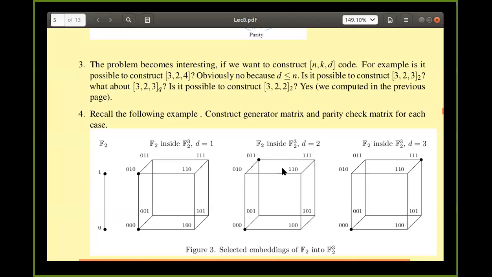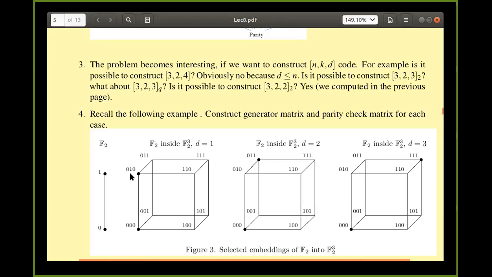Okay, so now I also recall that this will help you. I am reminding one more time, this I gave in the previous class. I want to embed F2 in F2 power 3. F2 is of dimension 1, right? F2 power 1. I want to put it in F2 power 3, dimension 1. Dimension 1 means you take any non-zero vector and take its linear combination.